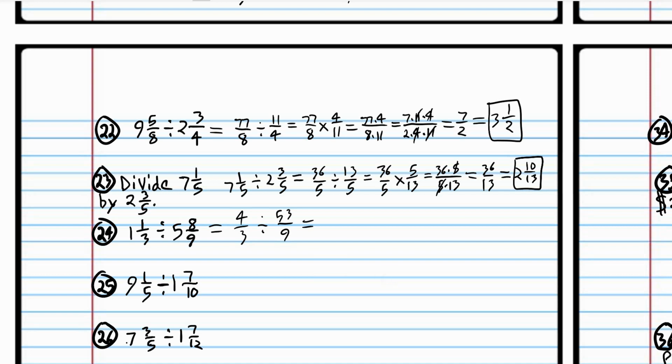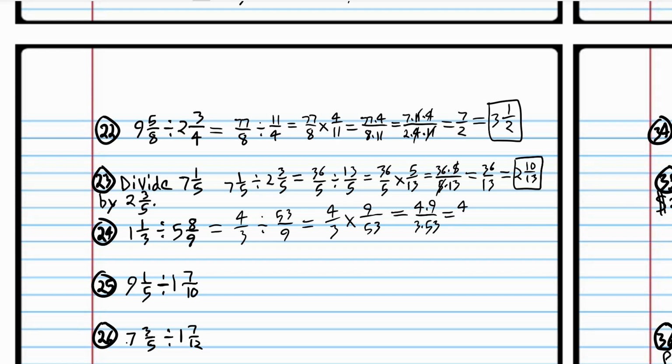So now all we did was convert to mixed numbers, and we use the division algorithm for fractions. All right, and then we have 4 times 9 over 3 times 53.